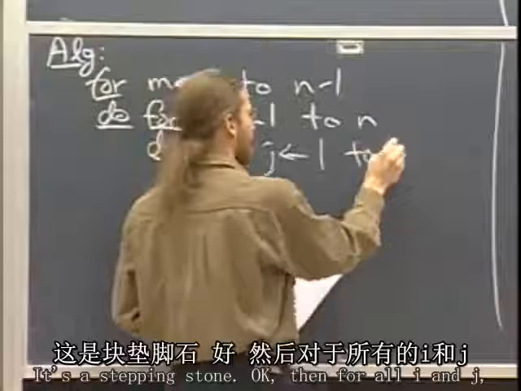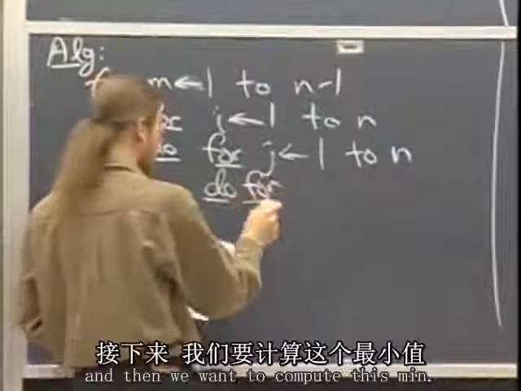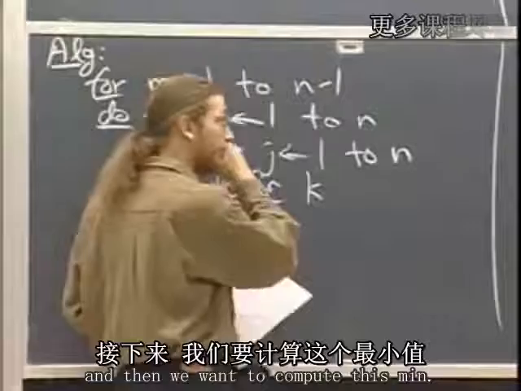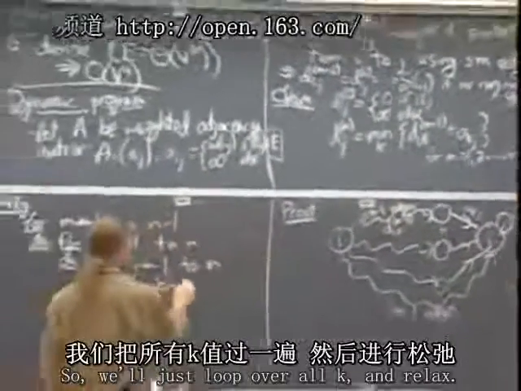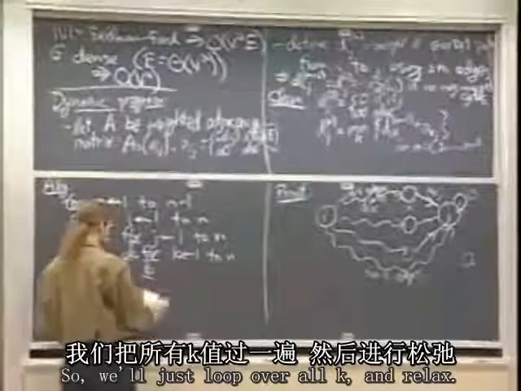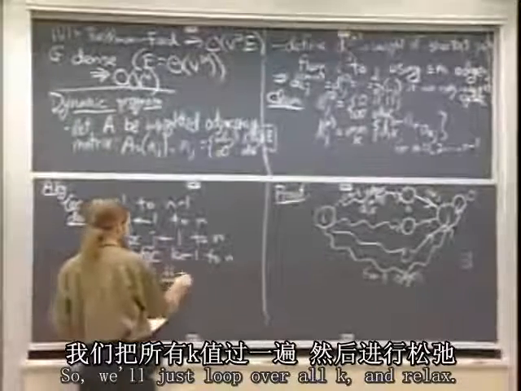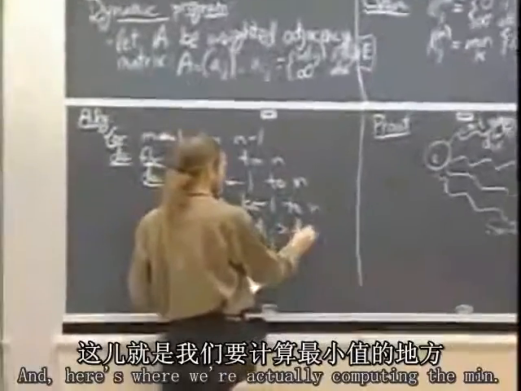It's a stepping stone. Okay, then for all i and j, we want to compute this min. So we'll just loop over all k and relax. And here's where we're actually computing the min.